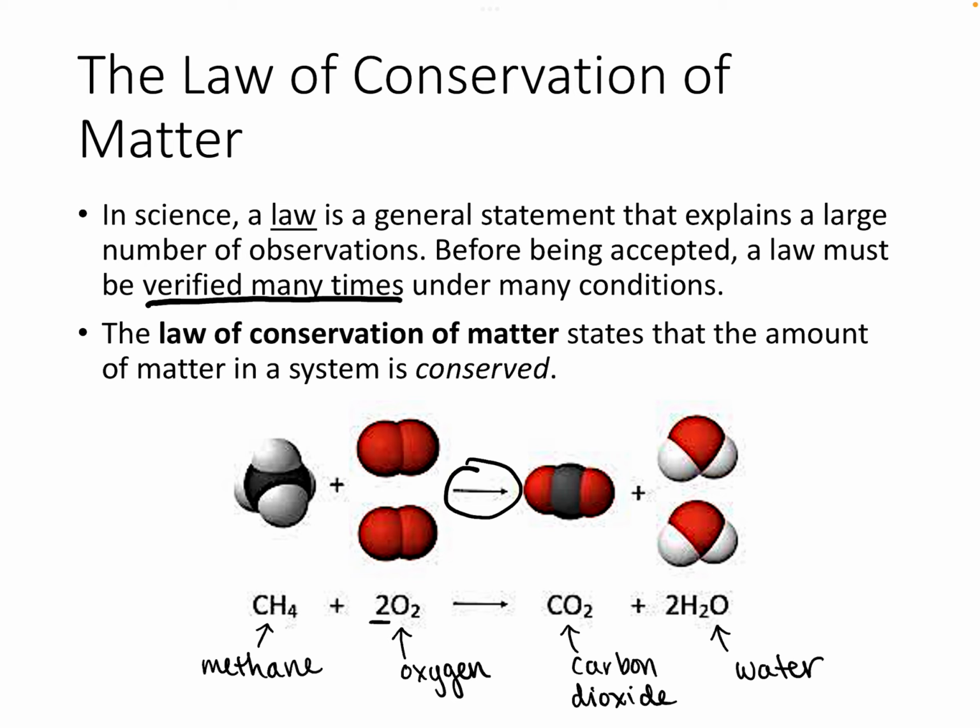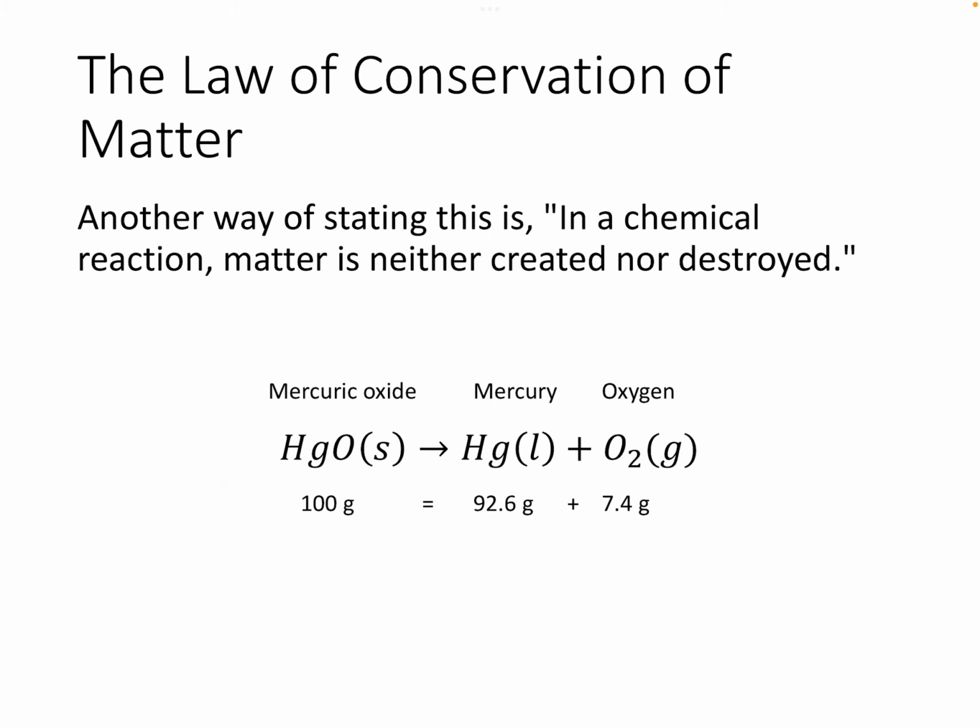And that makes sense because we can't just randomly lose atoms or gain atoms. That wouldn't really fit with our conservation of matter. So another way of stating this law is, in a chemical reaction, matter is neither created nor destroyed.